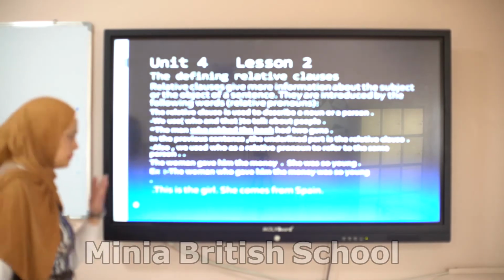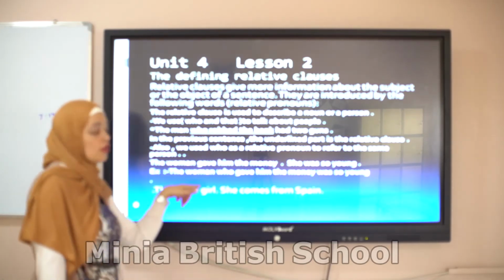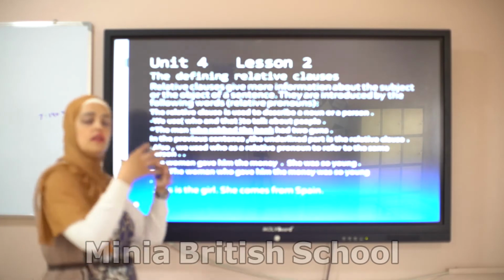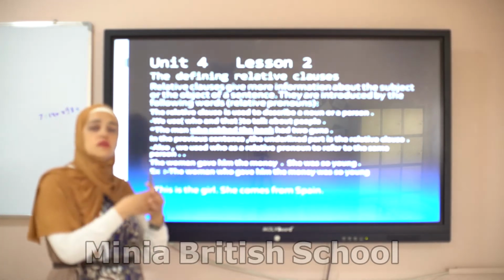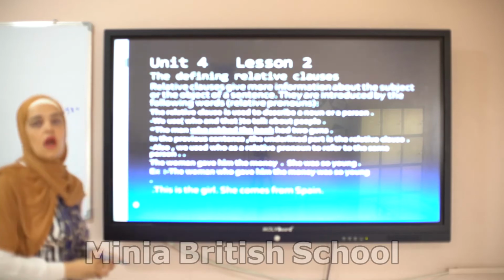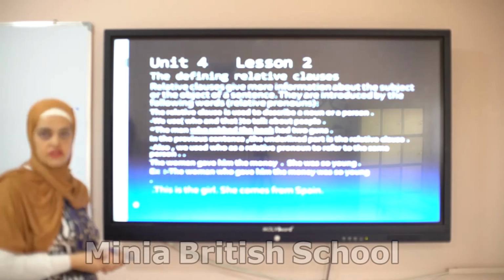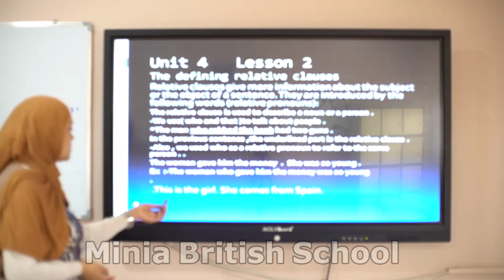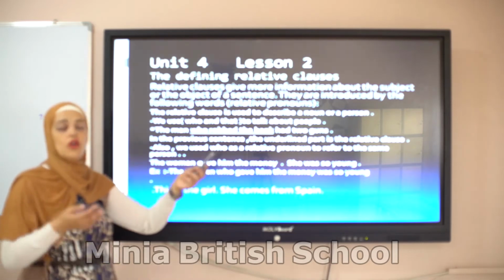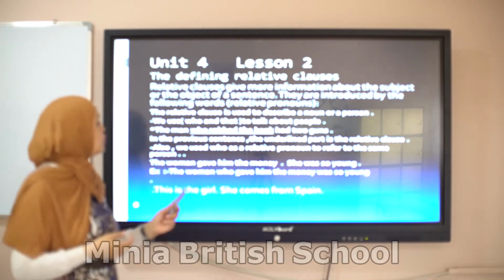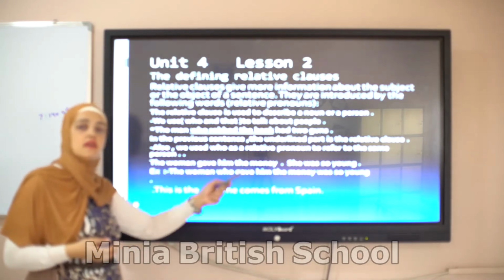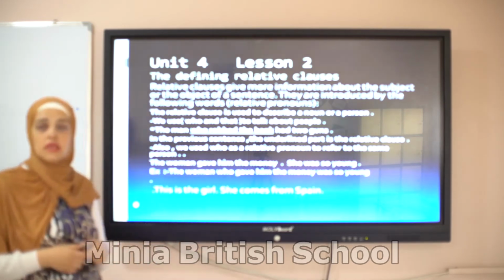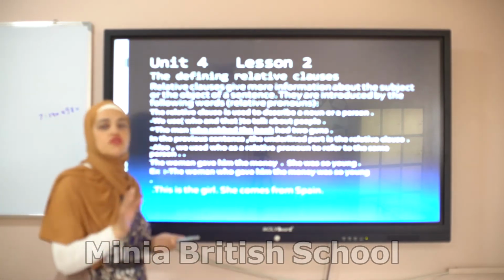Again, we have another example. This is a girl. She comes from Spain. He wants me to join the two sentences using a relative pronoun. How will I do this? If we read the sentence, we will know that this is the girl, and "she" is a pronoun referring to the same person. We don't want to do this.